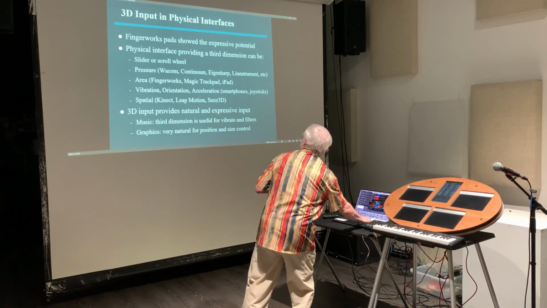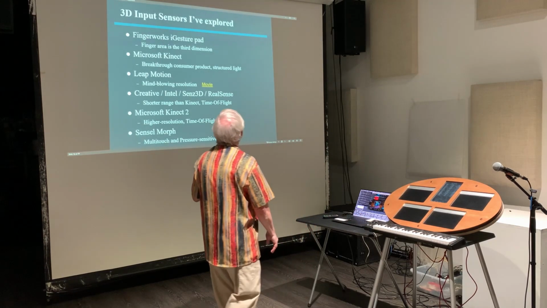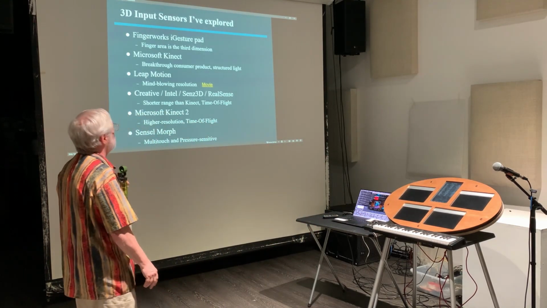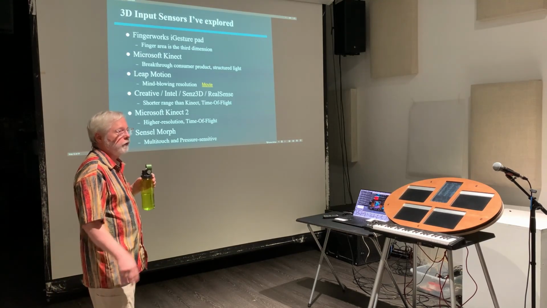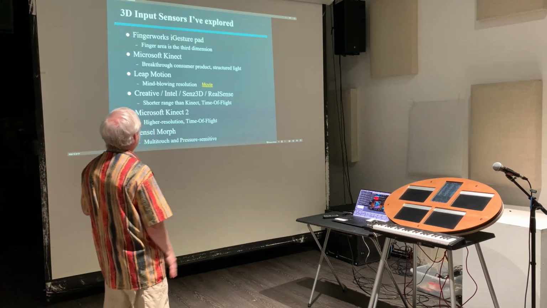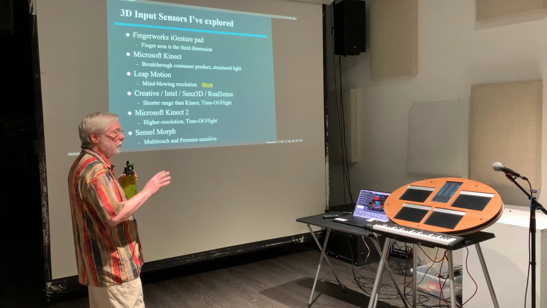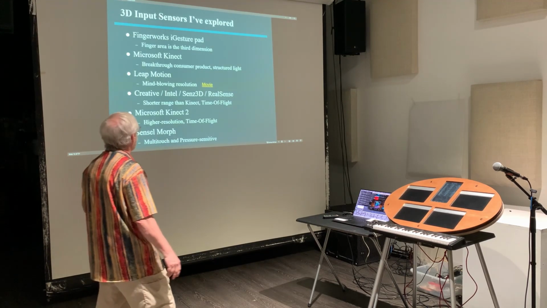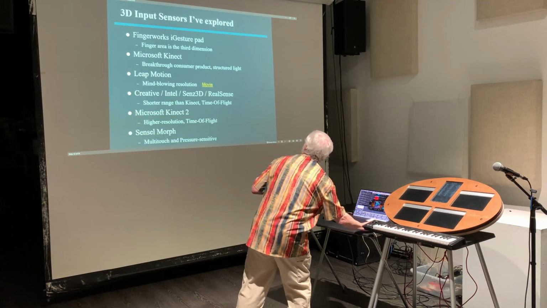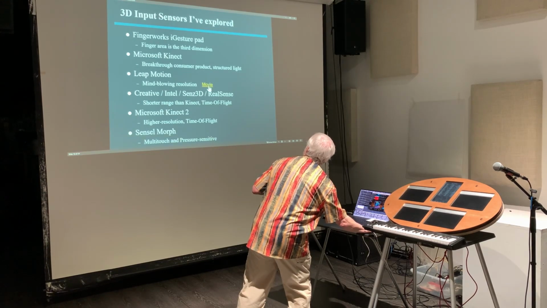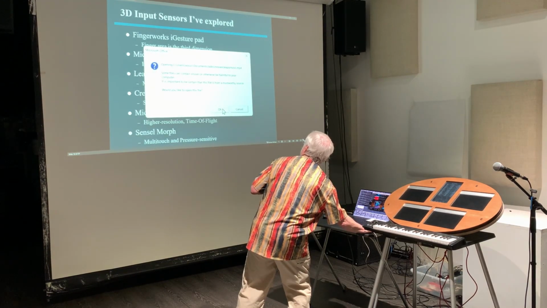So it's lots of interesting potential, and over the last decade or two, there's a variety of different sensors that have been released that let you get a third dimension. One of the interesting ones is the Leap Motion.